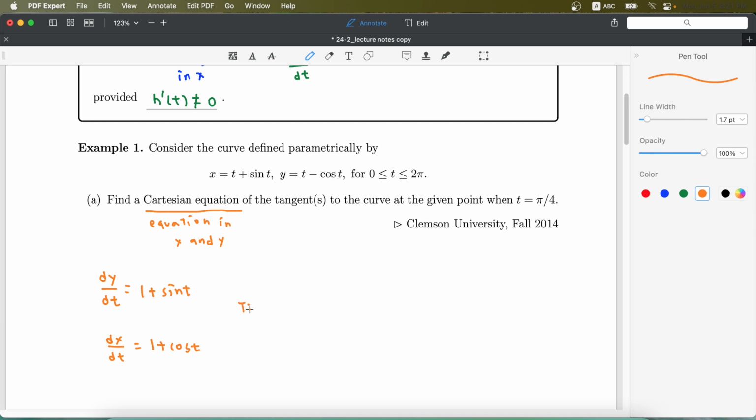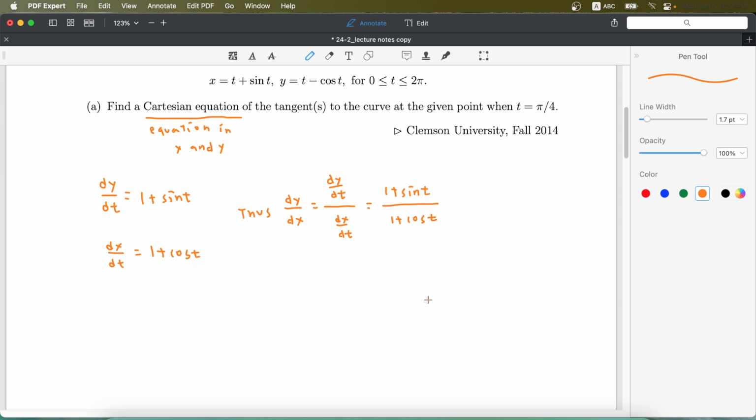Thus, the slope of the tangent line, which is always dy over dx, rise over run, is dy over dt over dx over dt. So I put 1 plus sine t in my numerator and 1 plus cosine t in my denominator. That's your slope.